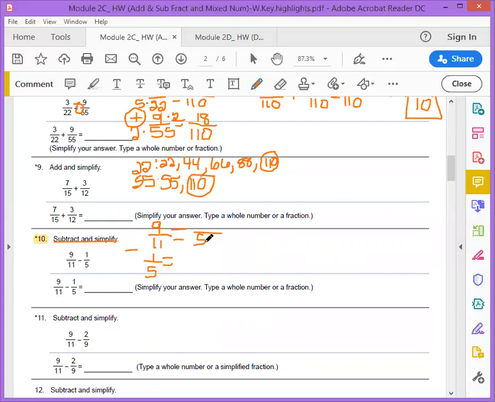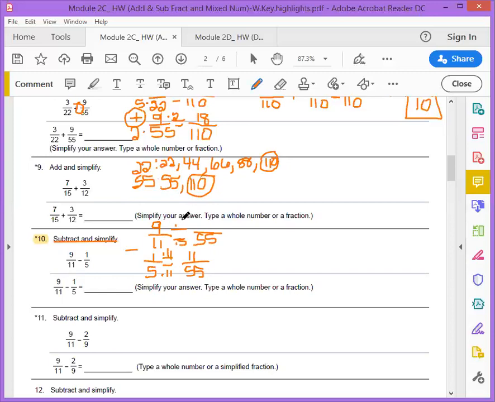So we want to rewrite both of these fractions so that they have 55 in the denominator. And 5 times 11 gives us 55. Therefore, we have to multiply the numerator 1 times 11 to get 11. And now for our top fraction, 11 times 5 gives us 55.